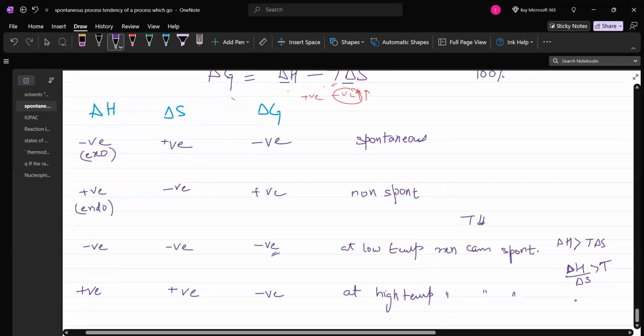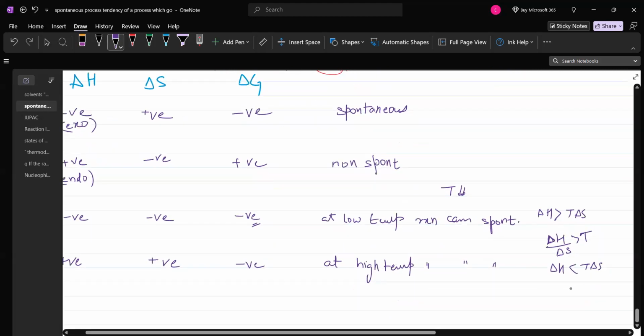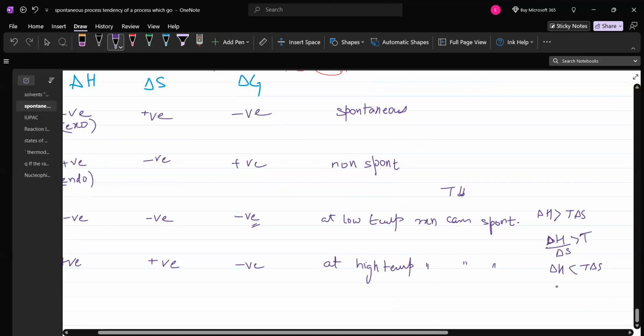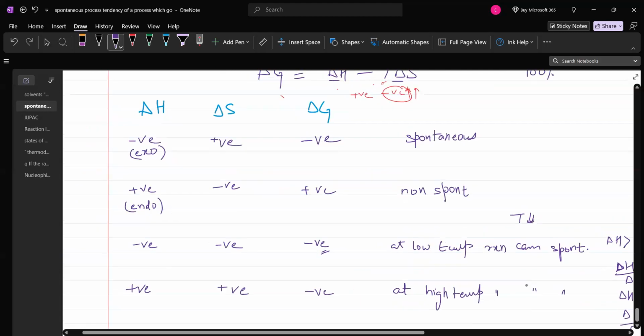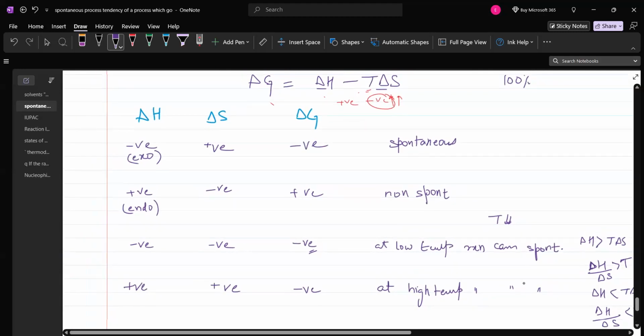And you can see delta H should be lesser than T delta S, and thus we can conclude that delta H upon delta S should be lesser than temperature. So at high temperature, this can be possible. Got my point?